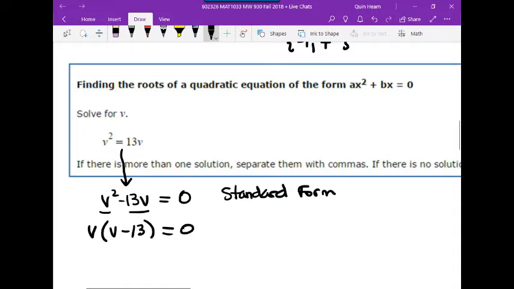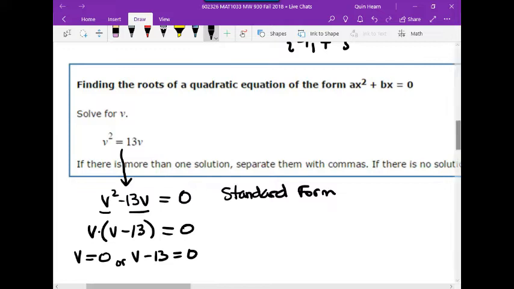All right, so now we have two mystery numbers being multiplied together equal to 0, like we had before. So we're going to use the zero factor principle, and we're going to say either v is equal to 0 or v minus 13 is equal to 0. And I really should write the word or here.